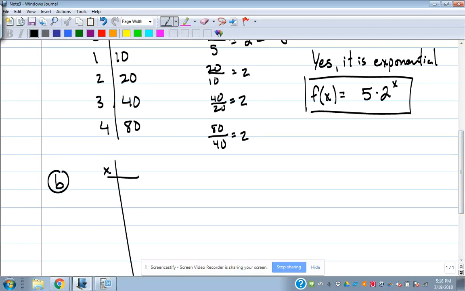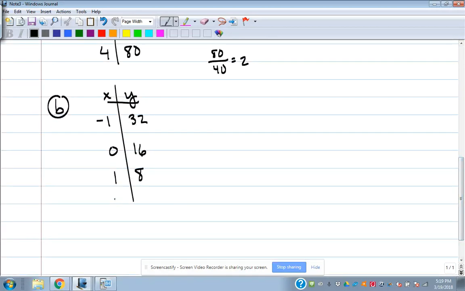Another set: (-1, 32), (0, 16), (1, 8), (2, 4), (3, 2). Well, there obviously looks to be some sort of pattern there. 32, 16, 8, 4, 2, all being some sort of power of 2.